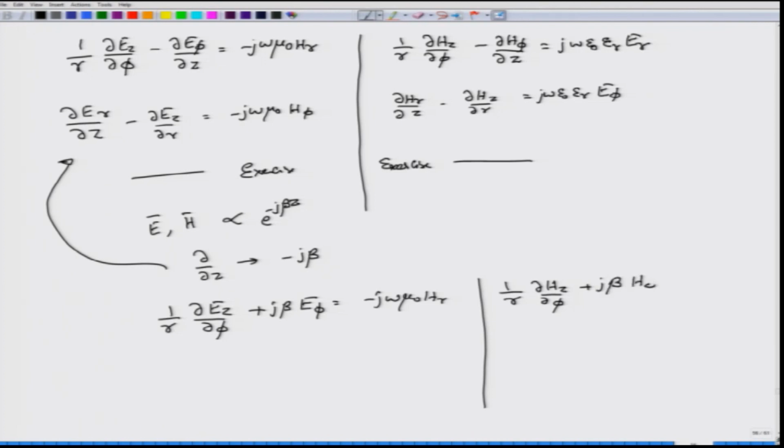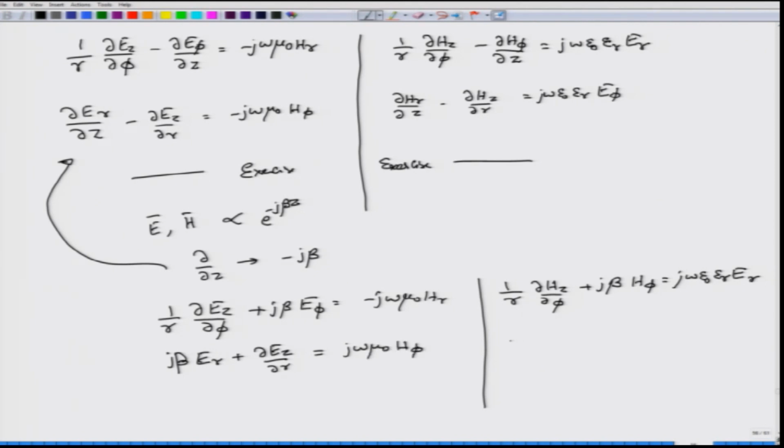Okay. So, you have j beta h phi equals j omega epsilon 0 epsilon r, this is E r component. The second equation becomes a beta, okay, and because there will be a minus on all sides, you can remove that minus sign, okay, just as we did for the slab waveguide. So, I am removing this minus sign everywhere. So, you have j beta E r plus del E z by del r equals j omega mu naught h phi.